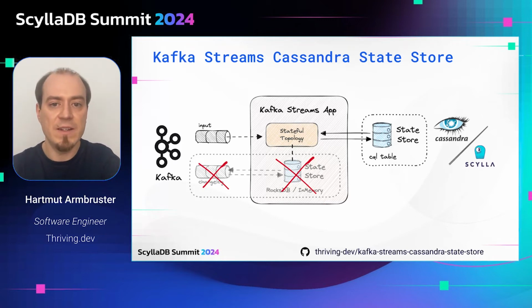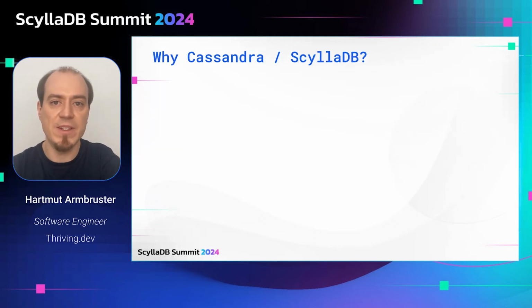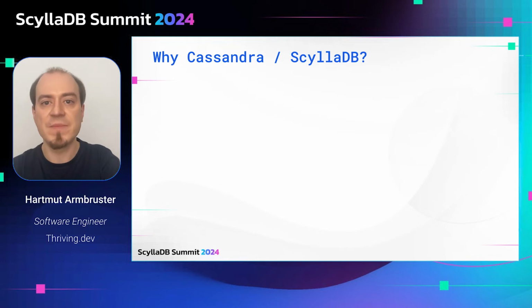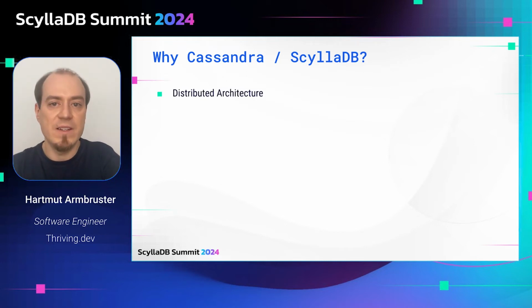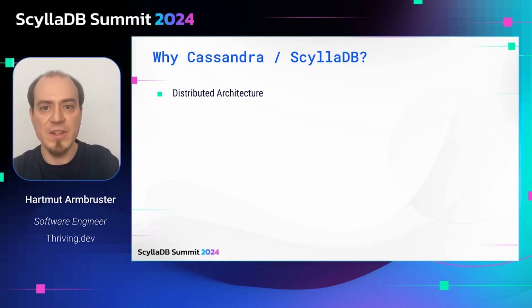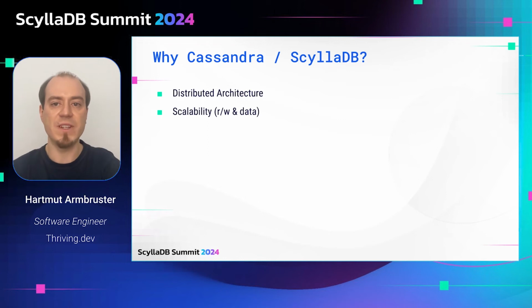Now, this design would fundamentally work with any database. So the question is why Cassandra or Scylla? Same as Kafka, Cassandra or Scylla is a distributed system. It scales well both for reads and writes and also for data volumes.